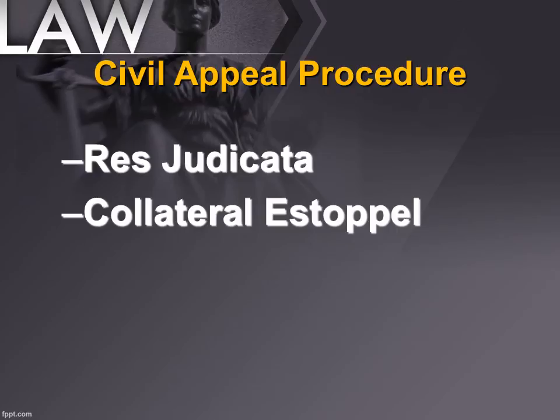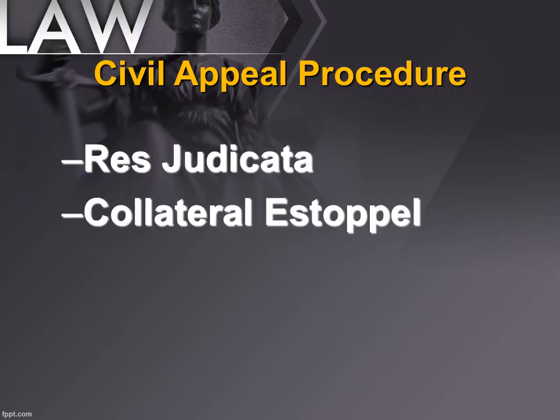This is when the litigant bringing the appeal is trying to retry the facts of an issue. That's why it's issue preclusion. You're trying to preclude the litigant from retrying the facts. So it's known as collateral estoppel or issue preclusion, and those are two ways to attack an appeal.